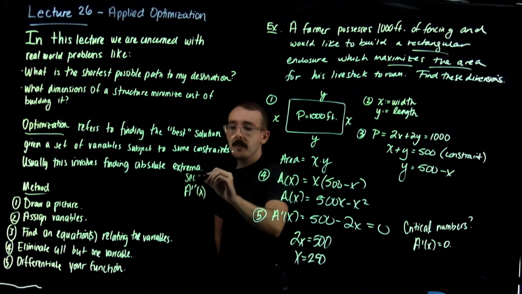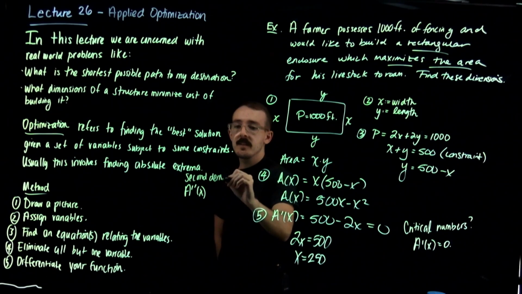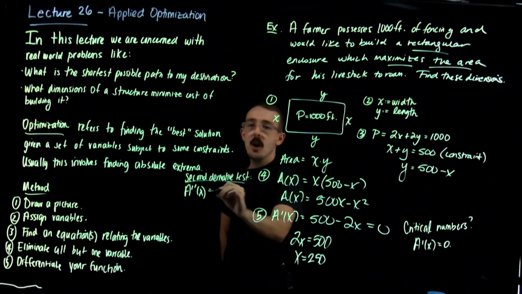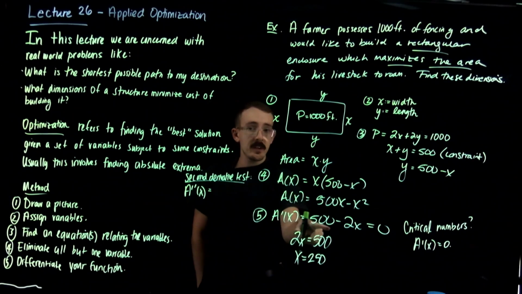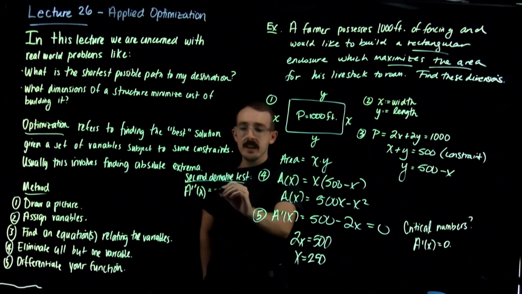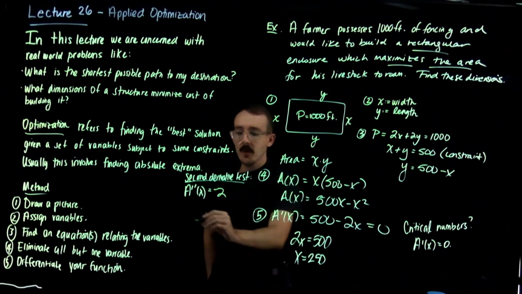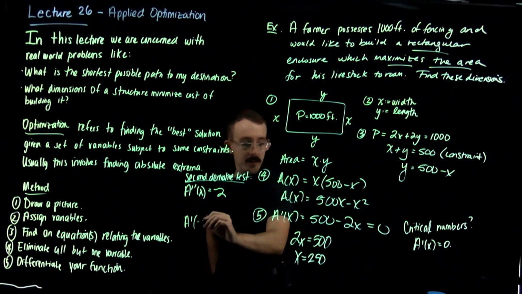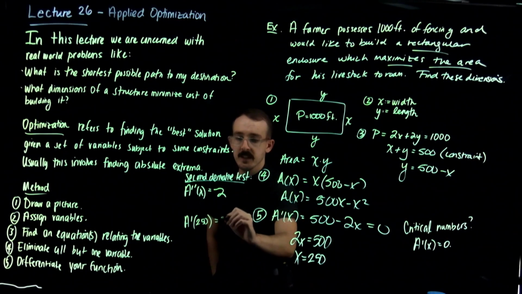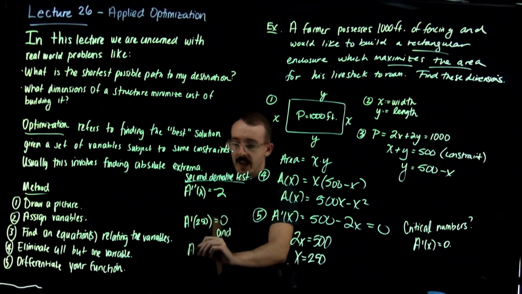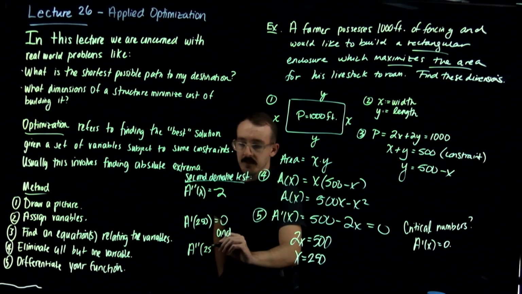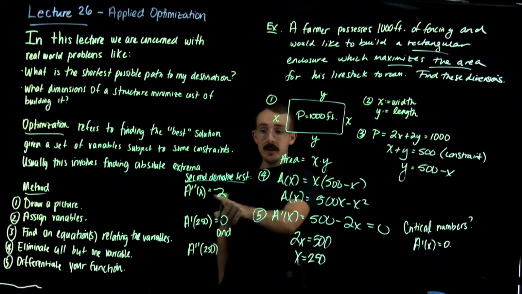So this is going to be the second derivative test right here. What is the second derivative of A of x? Well, I do another derivative of this. It's going to be negative 2. So A prime of 250 is 0. And A double prime at 250 is what type of number?